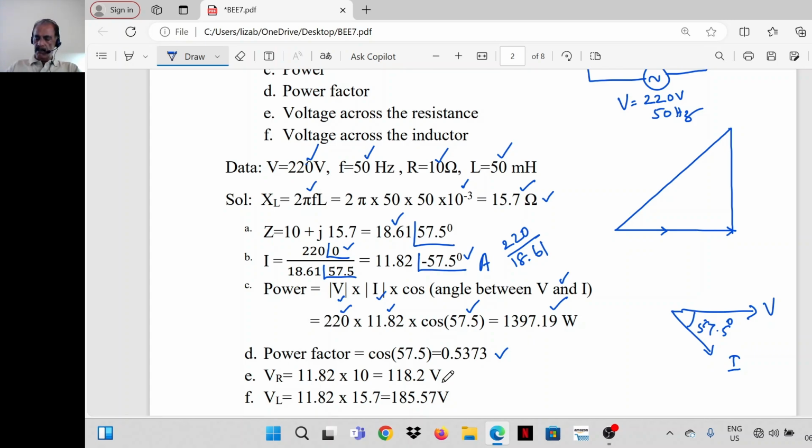For the phasor diagram, let's take I as the reference.